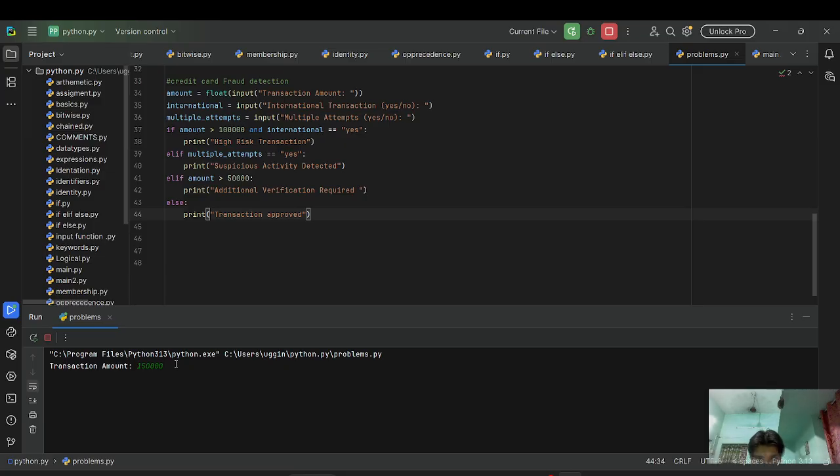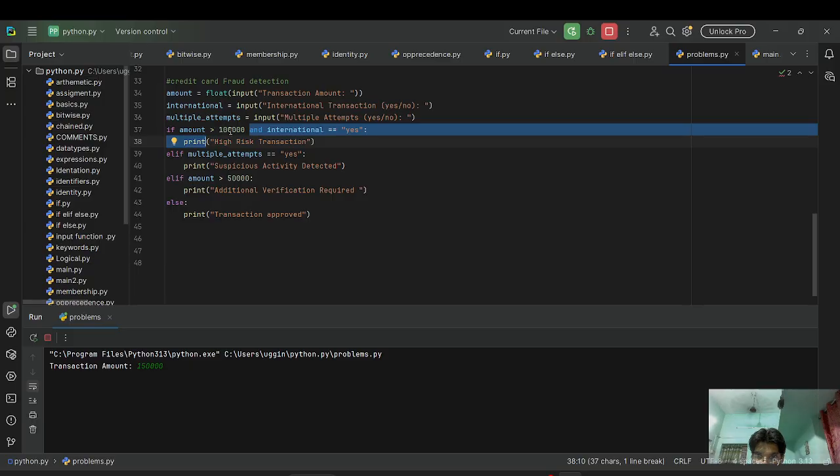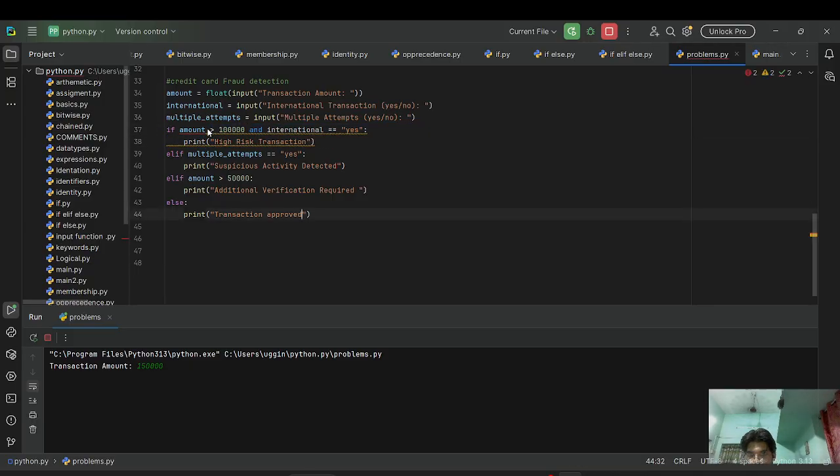So now Python checks 1,50,000 is greater than or equal to, sorry, 1 lakh. And Python checks next. Let's run this again.